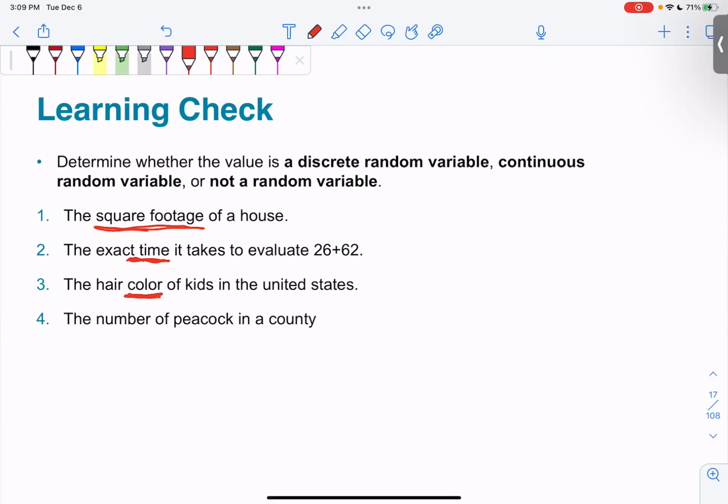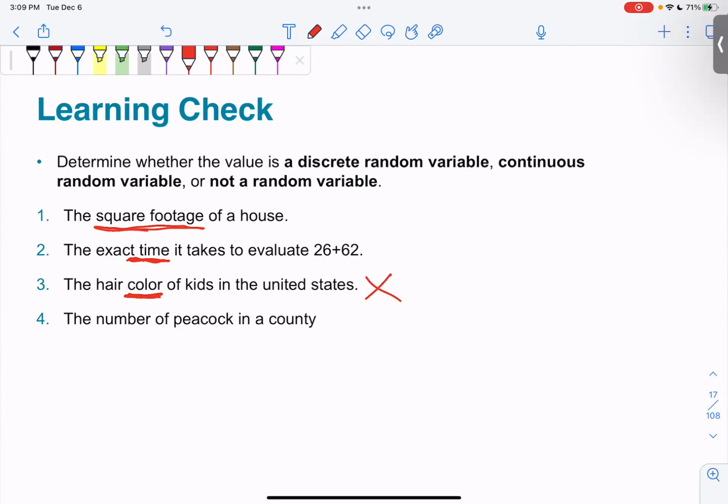Can you represent the color using numbers? It's not a random variable. So it's a variable, but it's not random. A random variable must include numbers, either discrete or continuous.